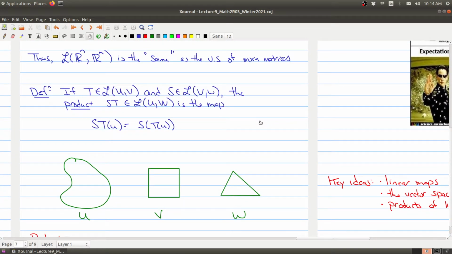A couple other things to wrap up for today's lecture, because they will be useful later on, is the notion of the product of two linear transformations.